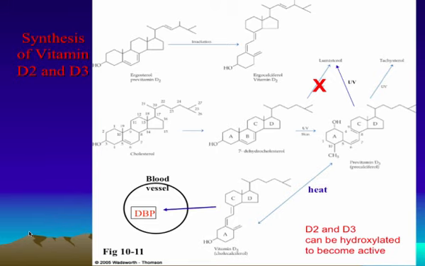But now what happens is once you have this vitamin D3, let's say it was just synthesized, vitamin D3 binds to this protein, called vitamin D binding protein. Vitamin D binding protein is the main vitamin D transporter in the blood.